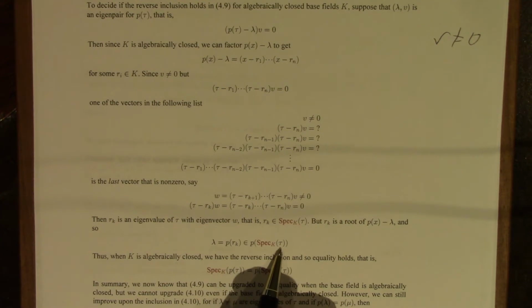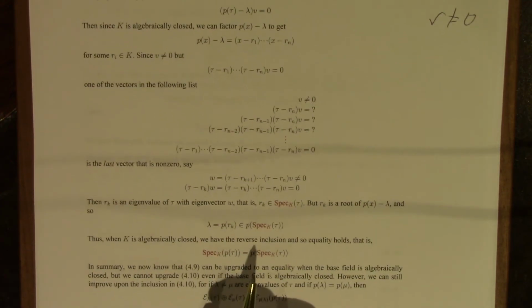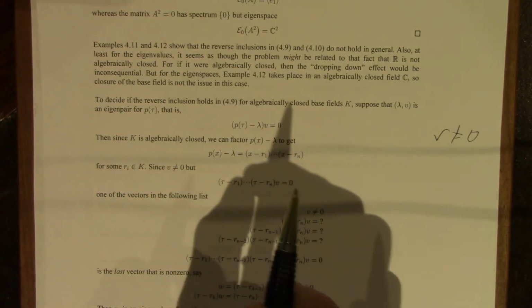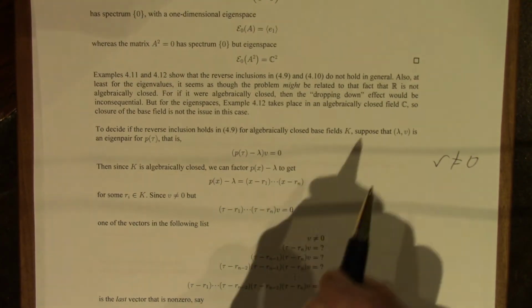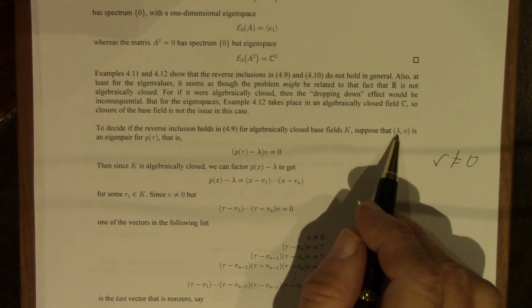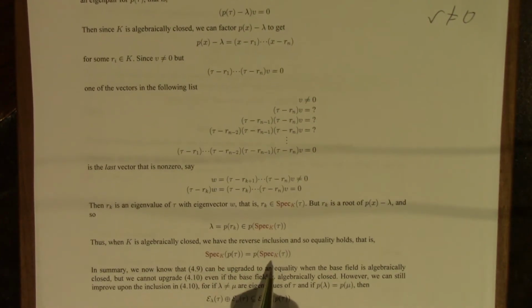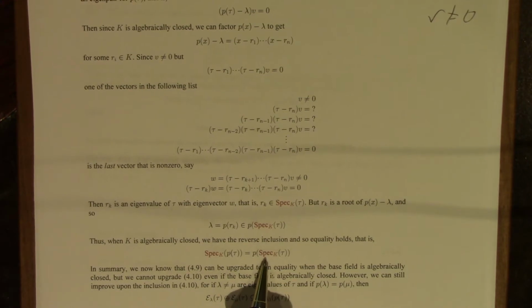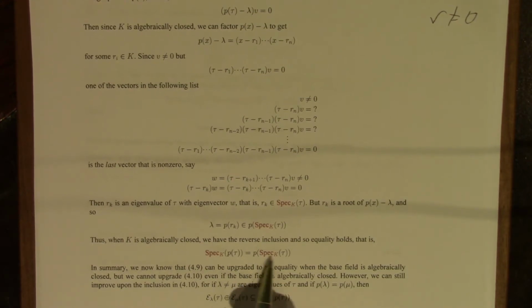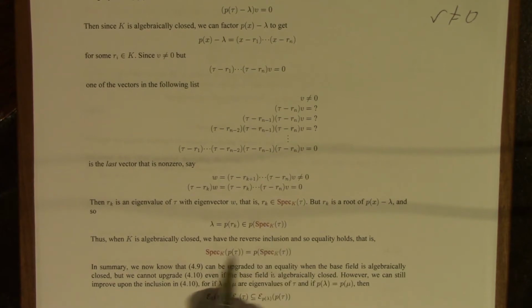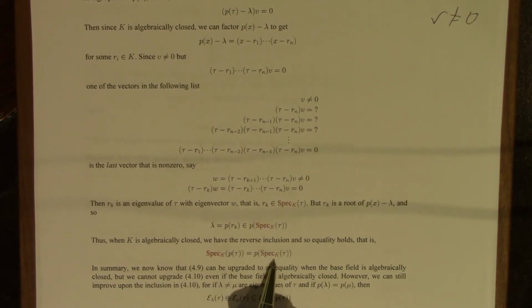P of rk is equal to lambda, but this is in p of the spectrum of tau. So the reverse inclusion: we started with lambda being an eigenvalue for p of tau, and we see that it's also in the set p of the spectrum of tau. So the reverse inclusion holds and we have equality.